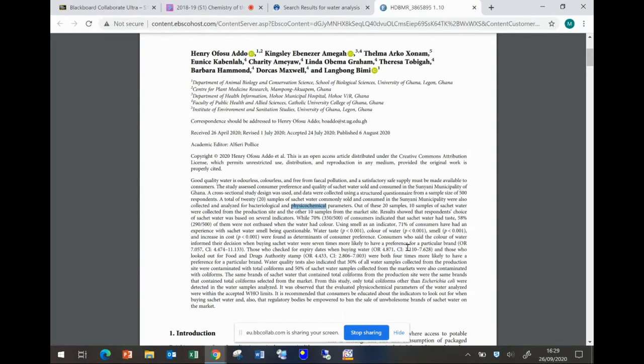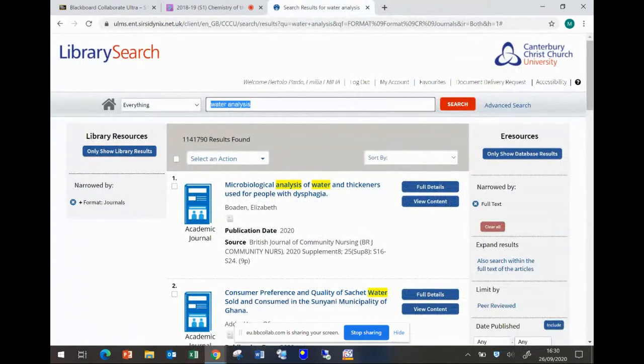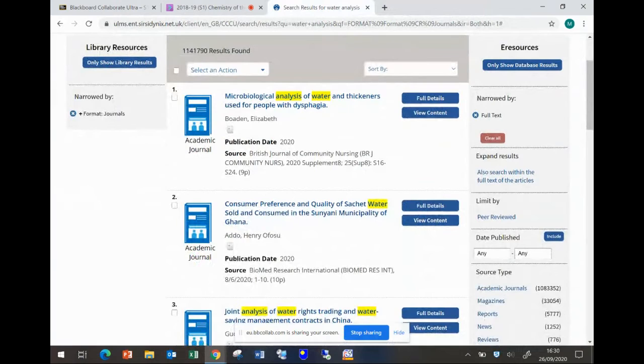If I was writing, consumer's preference, if I was writing a paper about water quality of bottled water, it might be a useful paper. I might keep it in mind, I might file it for future reference, for future use. So it might be useful, it might be not.